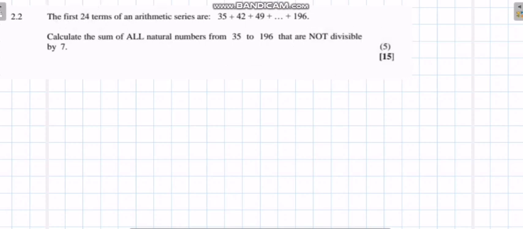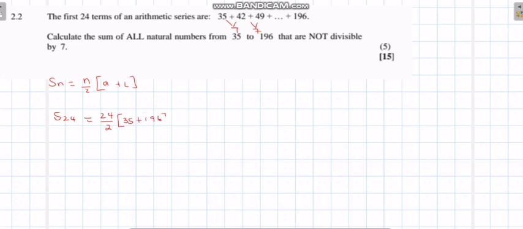So this to that must be 7, this to that 7. Now we're calculating the sum of 24 terms. Since we have our last term, we can use the formula with a plus l. So sum of 24 terms is equal to 24 over 2 into our a, which is 35, plus 196.